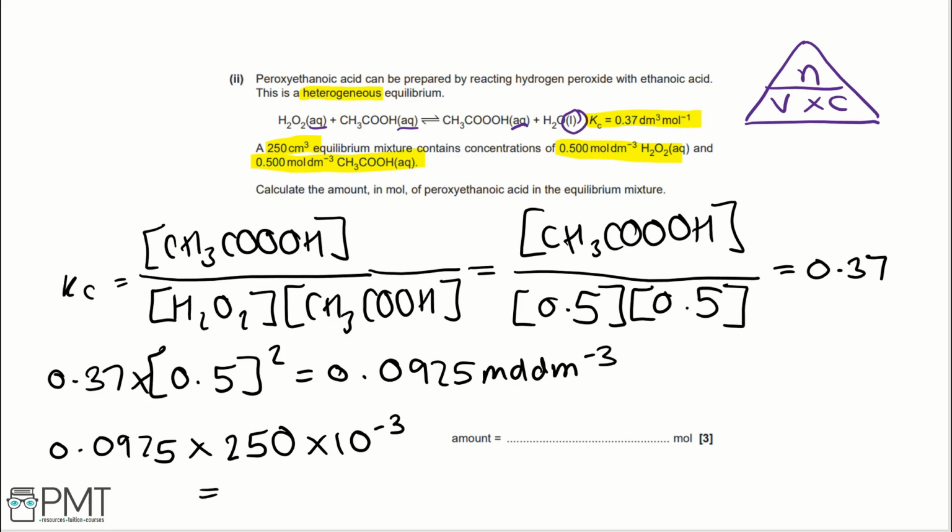That gives us a value of 0.023125 moles. In our answer, we would write this to an appropriate number of significant figures, 0.023, for example. For this question, you get a mark for writing your expression for Kc, a mark for working out the concentration of peroxyethanoic acid, and then a mark for working out your moles correctly.